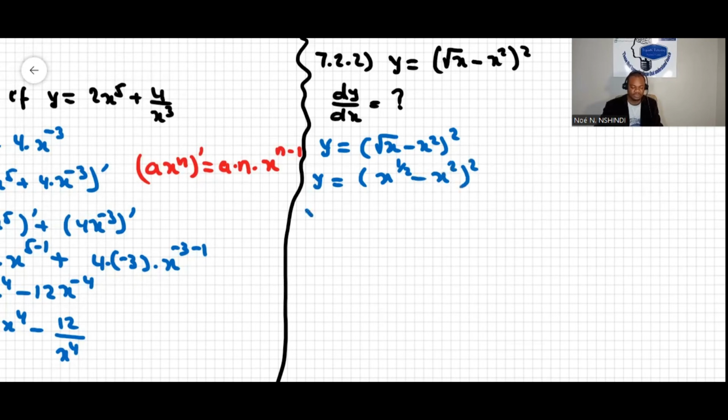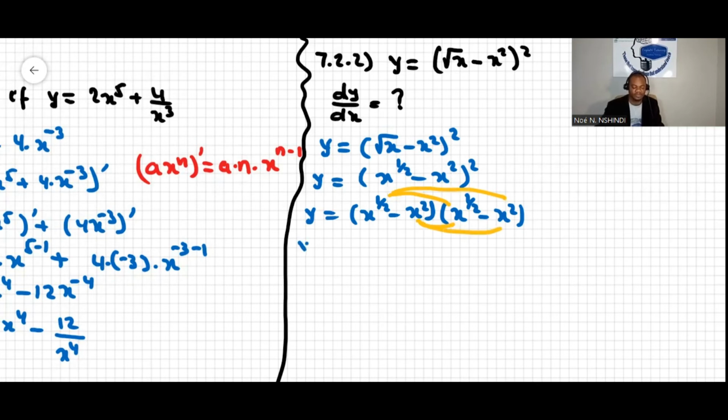Now this can be written as y equals x to the power of a half minus x squared, times x to the power of a half minus x squared. So we will do this times that, this times that, and that times that.